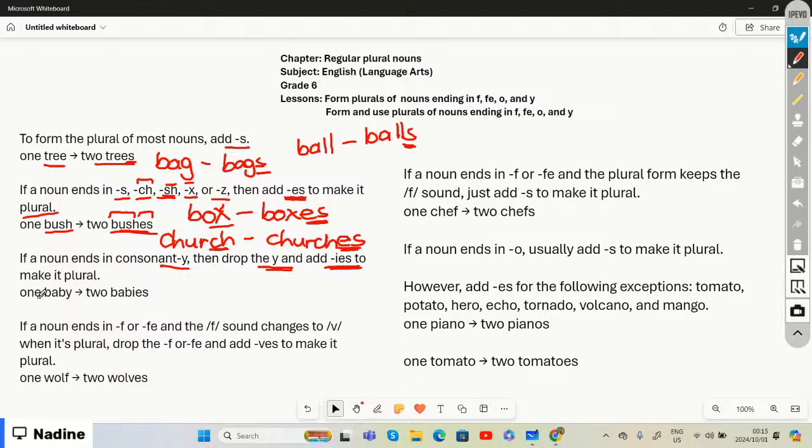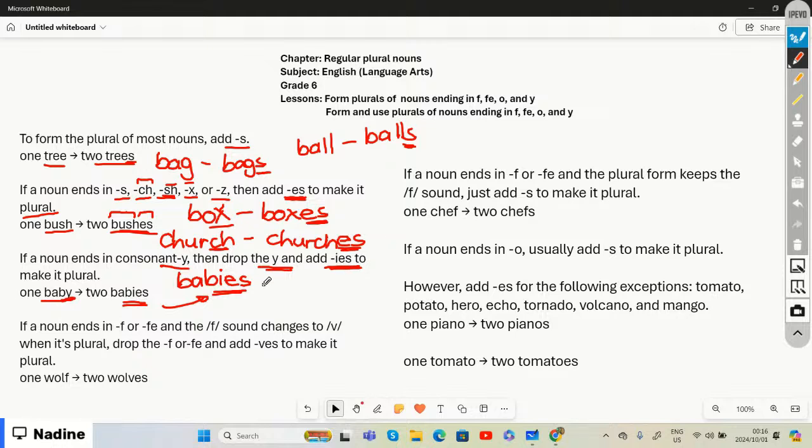For example, we have one baby, and you see baby ends with a Y. But now if we want to show that there's more than one baby, then we have the word baby, but now we drop the Y. So we're not going to add the Y. We are going to add IES to show that there's more than one: babies. So one baby, more than one, babies.